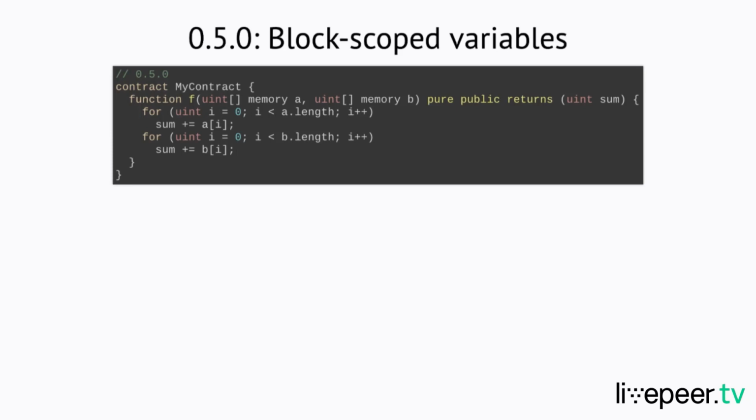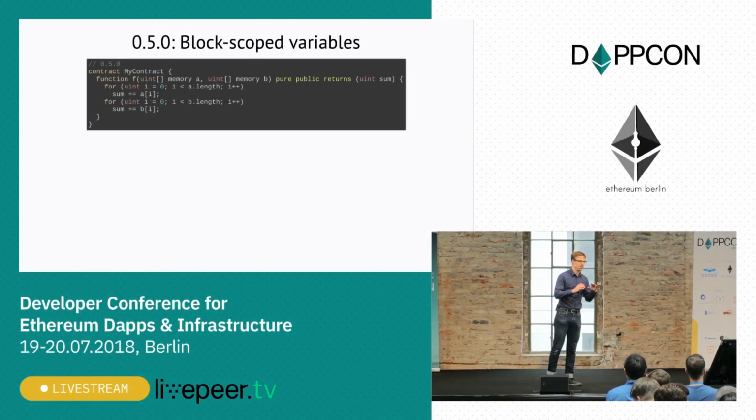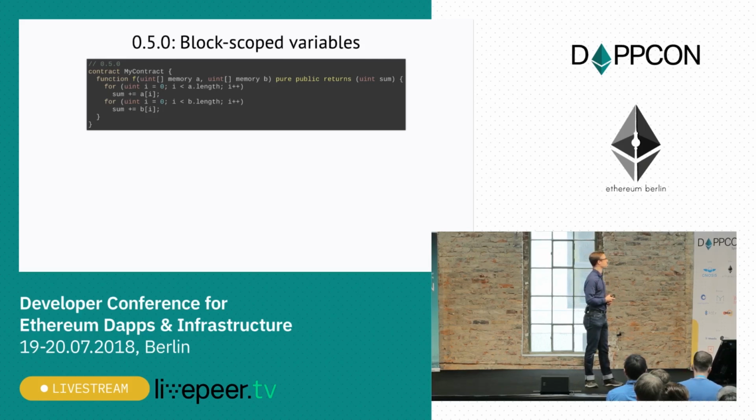But if you declare a different variable for the second loop, this takes another stack slot, and you might run into the stack too deep error. And we implemented the block scoped variables in a way that the stack slot is actually freed at the point where the variable runs out of scope. So this might allow you to increase your stack size or number of local variables available to your function.